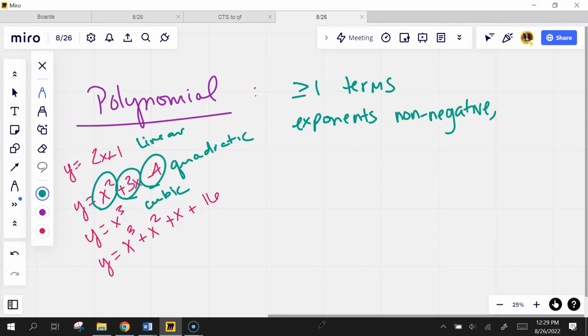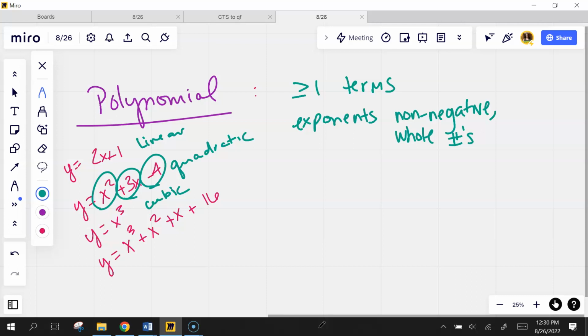No, because they could be 0. Okay, you can put that if you want to in your notes. Exponents on x have to be positive whole numbers.